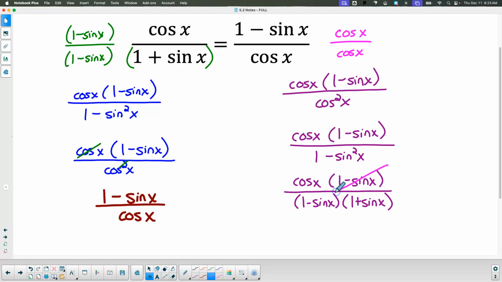Then my 1 minus sines cancel each other out, leaving me with cosine of x over 1 plus sine of x.